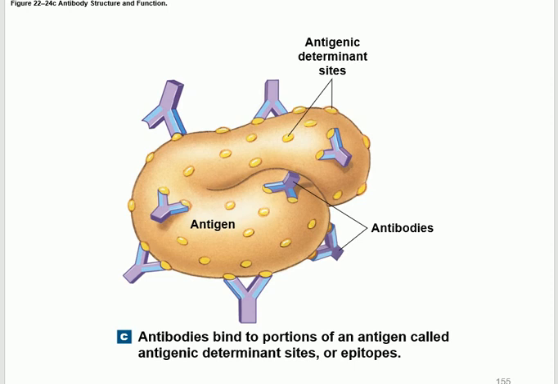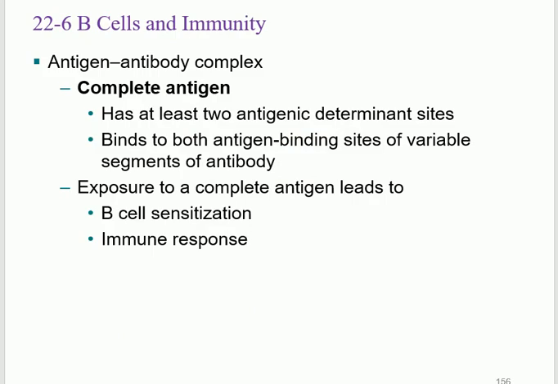There are types of antigen that we should have a little bit of information about, which is complete or incomplete. A complete antigen has at least two antigenic determinant sites, like this. If you have two of those, I call you a complete antigen, and you can start the process right away.